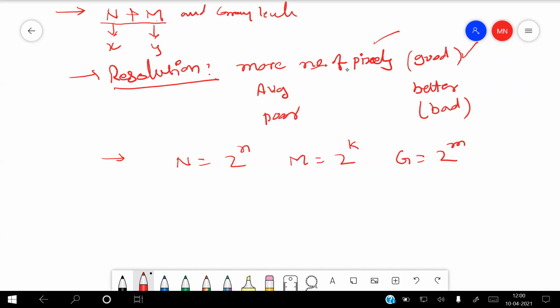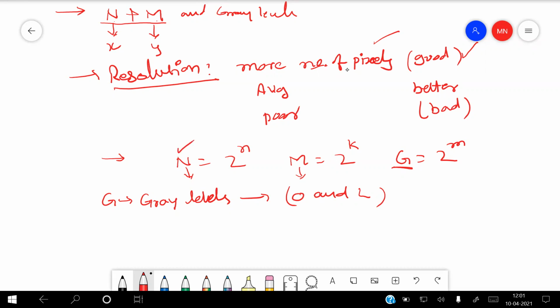G is called the gray levels, and in this assumption the range of the gray is between 0 and L only.